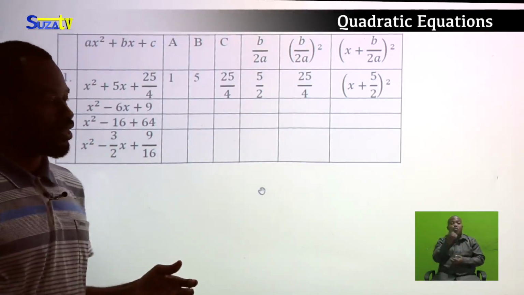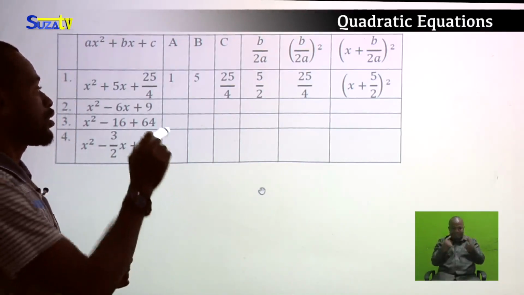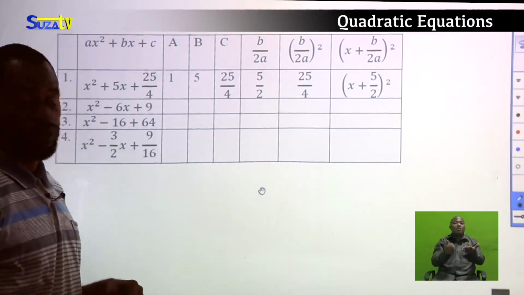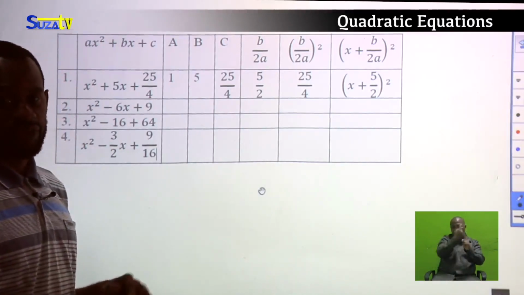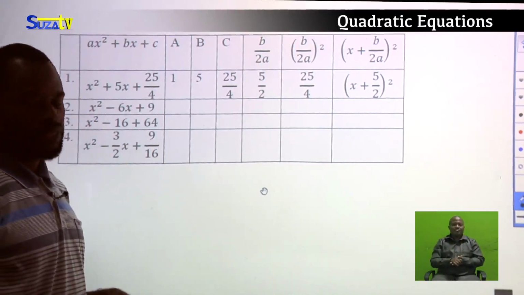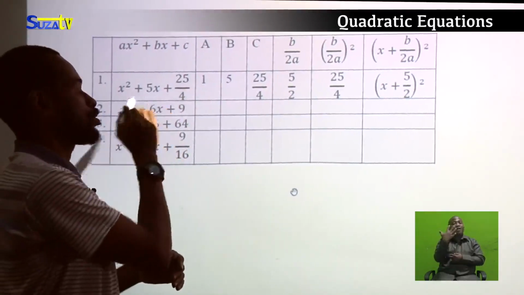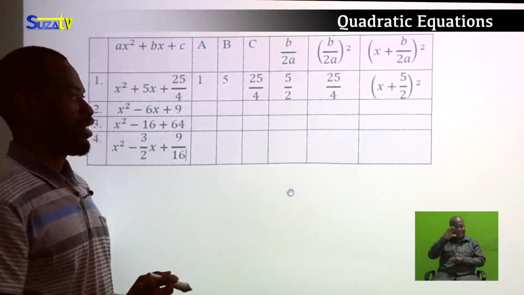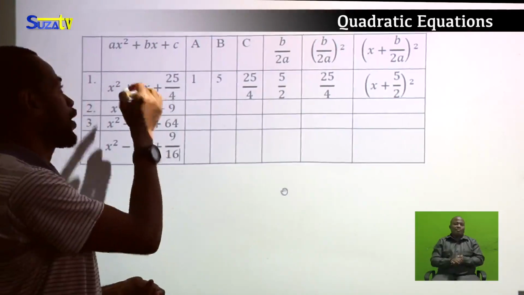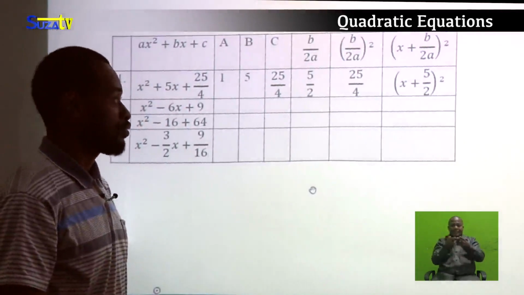Can you tell us what is the value of a here? Yes, you can see that the value of a here is 1, because a is the coefficient of x squared, and the coefficient of x squared here is only 1. Now b is the coefficient of x, which is 5, and c is 25 over 4. If you compare the expression above, general, and this one, you can see that c is 25 over 4.